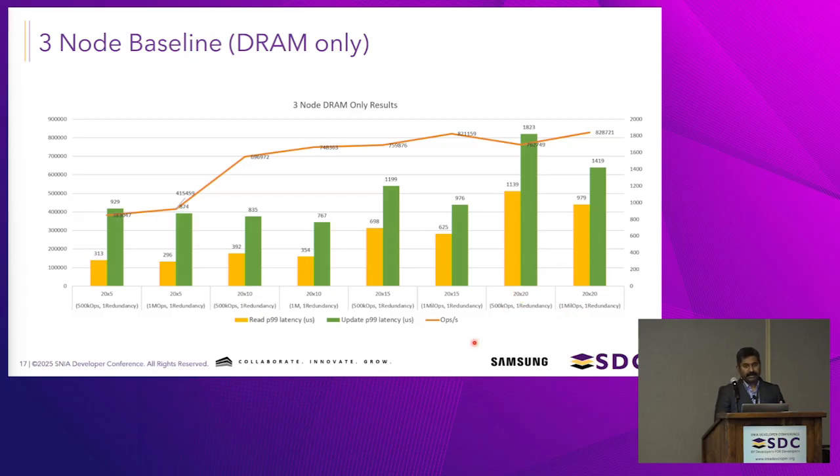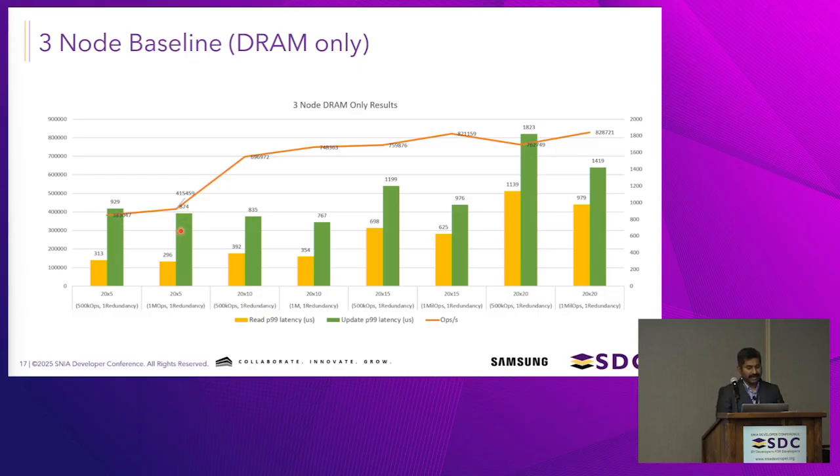So in this experiment, we have tried more concurrency. Again, this is the baseline, which has only the DRAM. You can see the same pattern here. When you have more concurrency, the throughput increases accordingly. But once we moved from 300 concurrency to 400, it saturated and became flat.